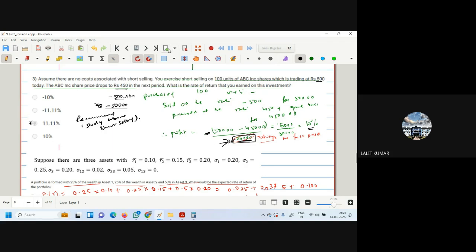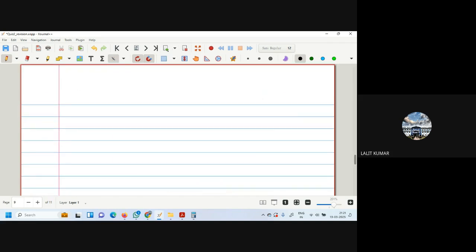Okay, so the short selling principle is like this. For example, a share is 500 rupees. You borrow this one share for 500. When you borrow, you are at minus 500. Now you sell it for 500.